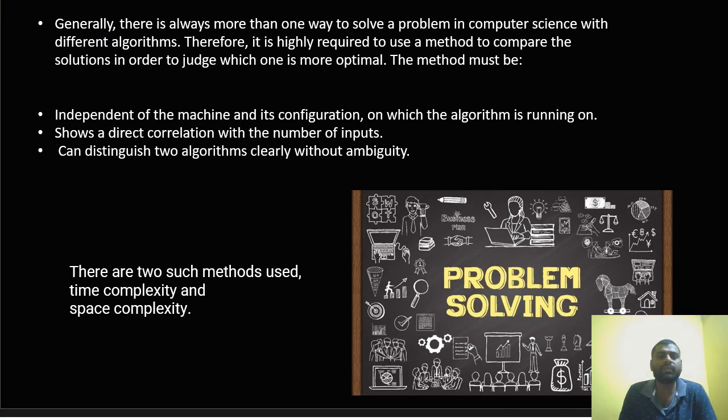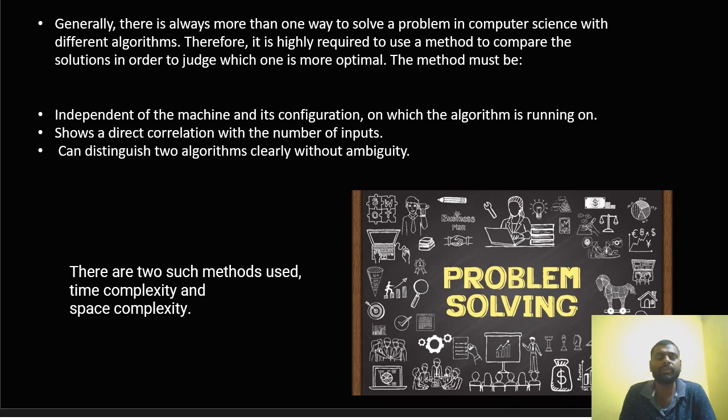Generally, there is always more than one way to solve a problem in computer science, with different algorithms. Therefore, it is highly necessary to use a method to compare the solutions in order to judge which one is more optimal.